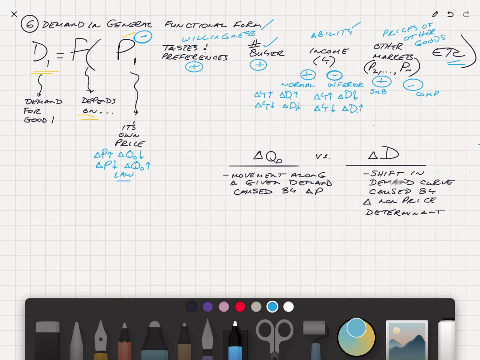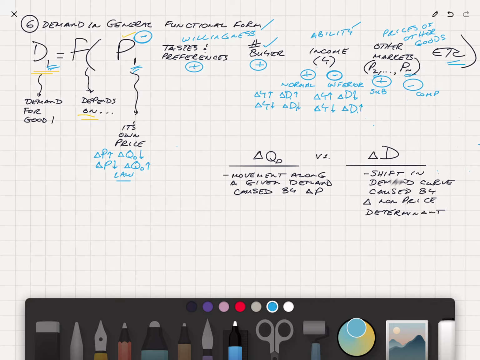And then our next and last variable that we're going to look at is other markets. We're looking at the market for good one, but it is influenced by all kinds of markets. When we look at these other markets, it's the prices of other goods. For example, substitutes are goods that replace each other.